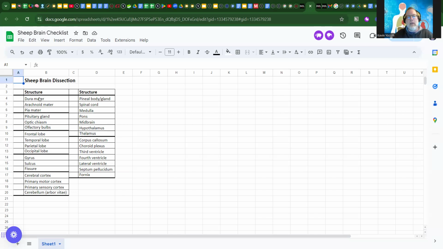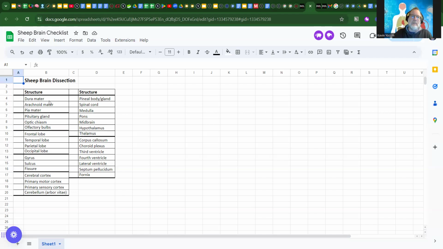Now, dura means durable or tough, and mater actually means mother. So dura mater means tough mother. The brains are going to be covered in dura mater, and that's what's connected to the underside of the skull.